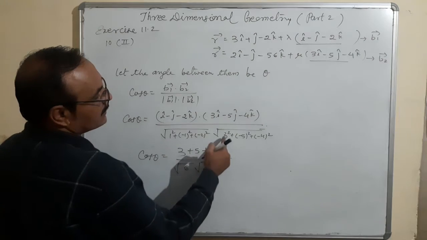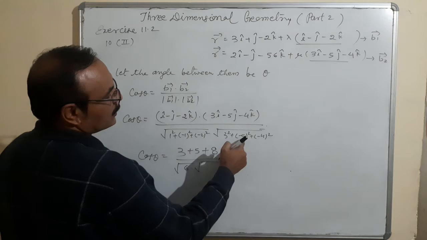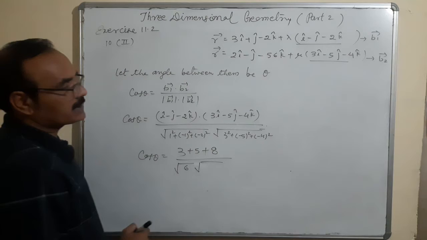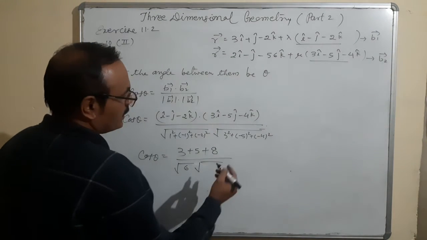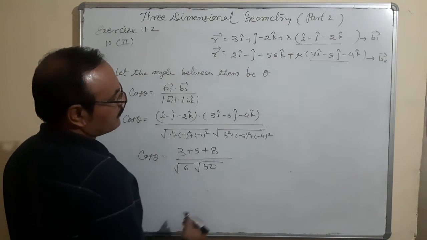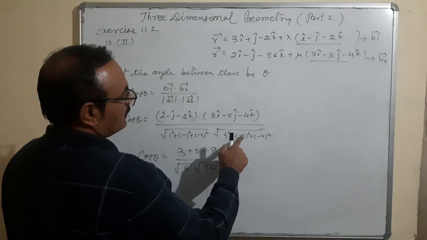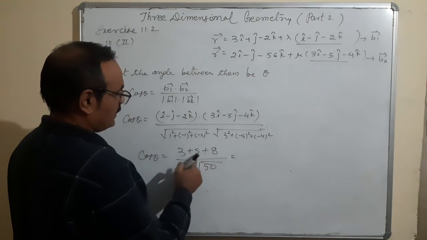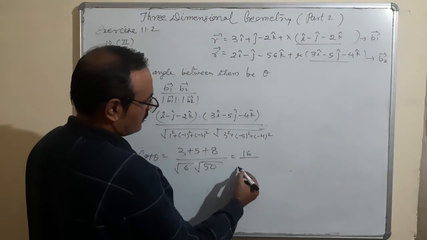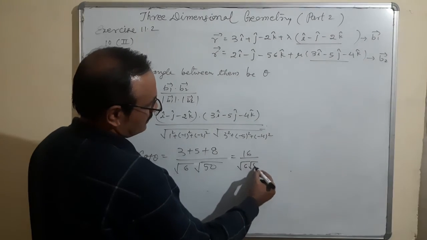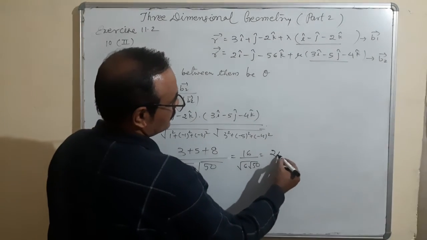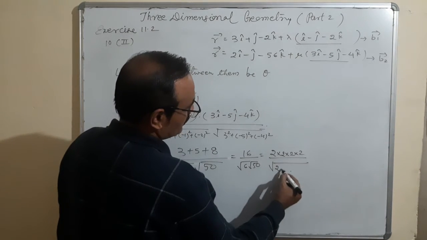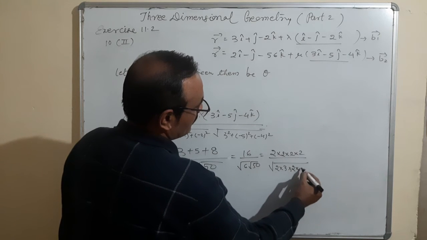What is the second term? 9 plus 25 is 34, plus 16 is 50. So it is 16 upon root 6 and root 50. 16 is 2 into 2 into 2 into 2, 6 is 2 into 3, and 50 is 2 into 5 into 5.